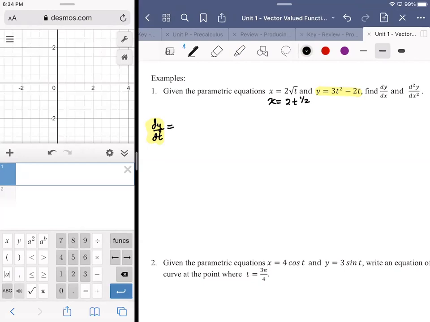So we're looking at 6t minus 2. For the dx/dt, that one's a little easy. Well, they're both equally difficult. Question? Yeah, we will have t for dx/dt.